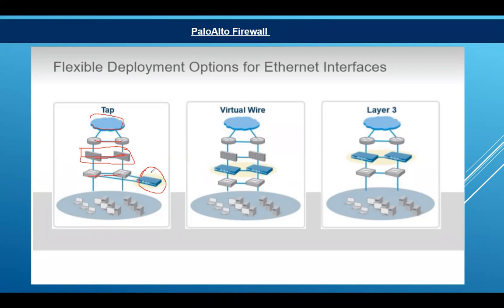So for POC, proof of concept, suppose that I'm the sales engineer and I came to your organization and I told you I can block and I can monitor all the applications in your network. Okay, so definitely you are not going to place my device in your network. So you tell me, I will give you a copy of data, then show me the report on that.